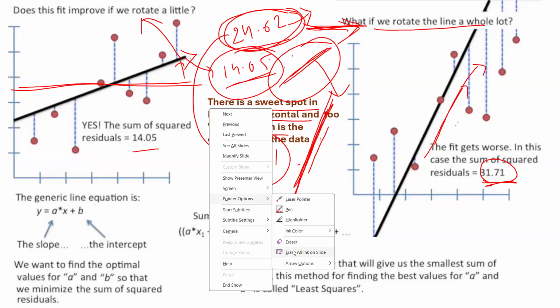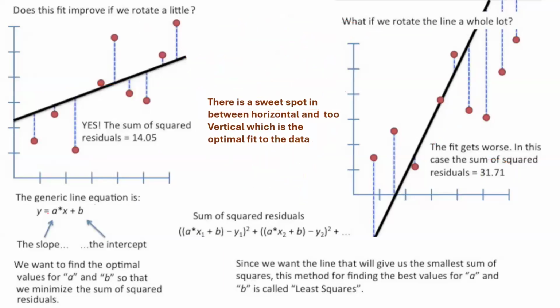Now, any line can be represented by y = ax + b, that you know. For example, let's take another point. Say this is the actual value y1, and the predicted value for this is here. Let's suppose this is x1, this is x2, this is x3.